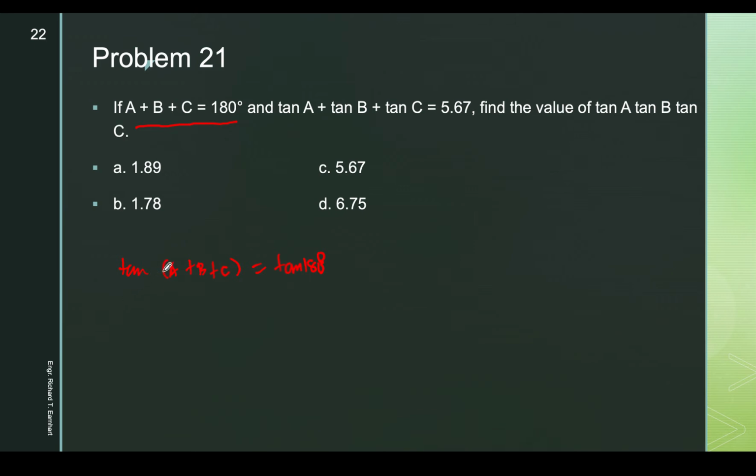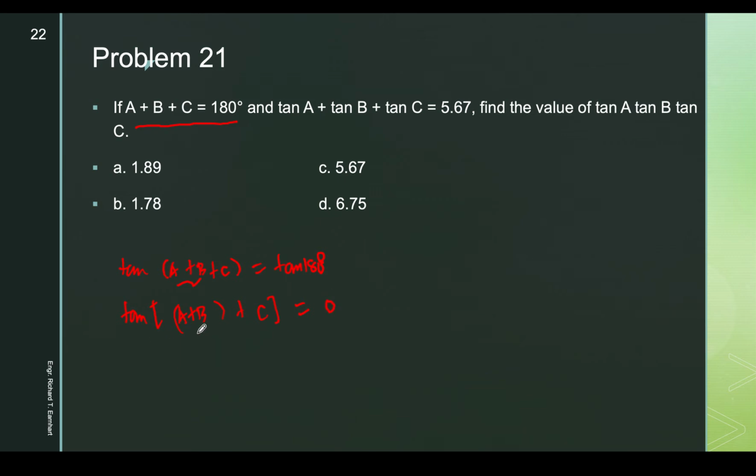And then we apply tangent of the sum of two angles, so that will be tangent of A plus B, plus C. Then this will be equal to 0. Tangent of 180 is 0.